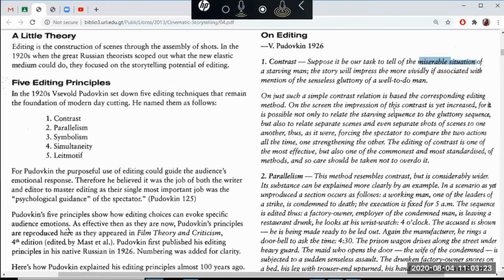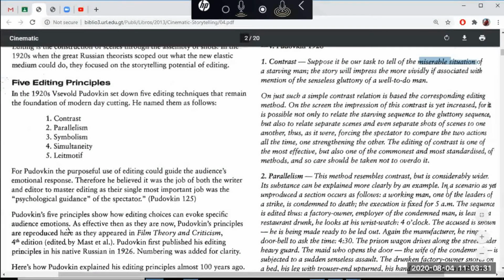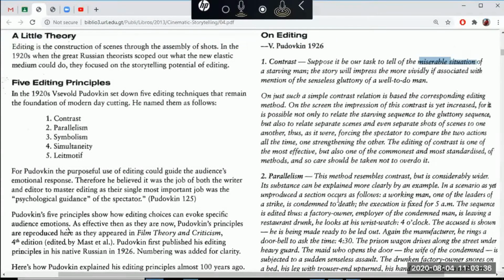So it says that contrast increases the overall impression or the meaning of a certain situation or sequence. The contrast forces the spectator to compare two different actions all the time, and contrast strengthens the meaning of one action against the other.